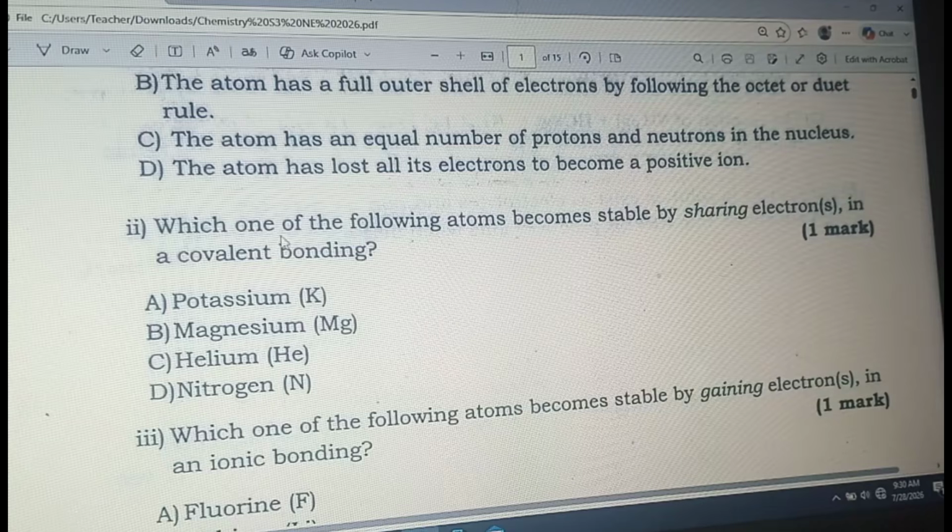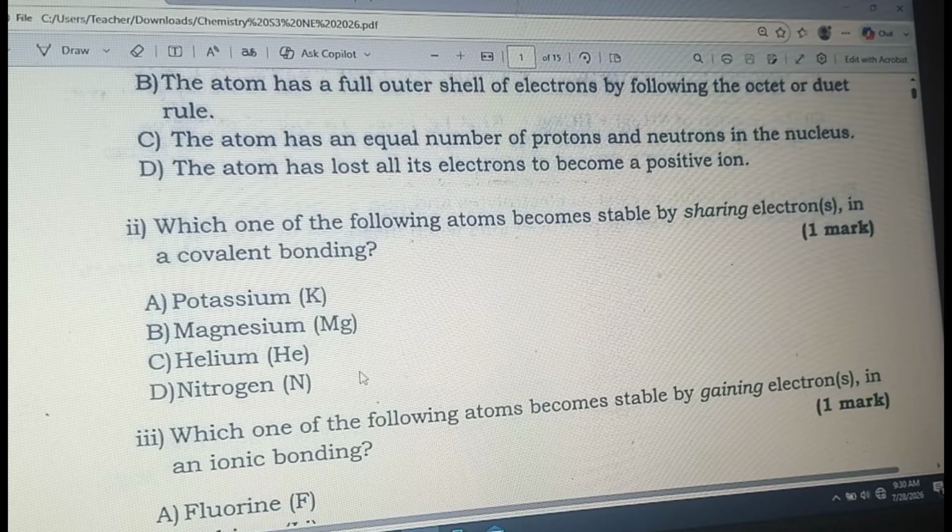I.2. Which one of the following atoms becomes stable by sharing electrons in a covalent bond? A covalent bond is a bond between nonmetal and nonmetal. A, potassium. Potassium is a metal, so this is not correct. B, magnesium is a metal.